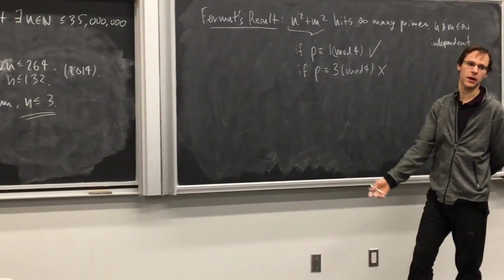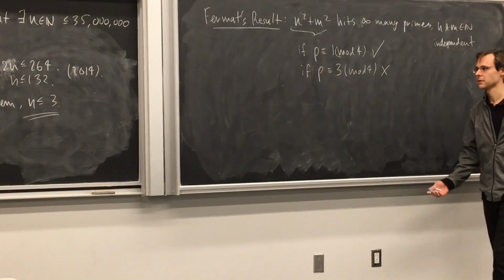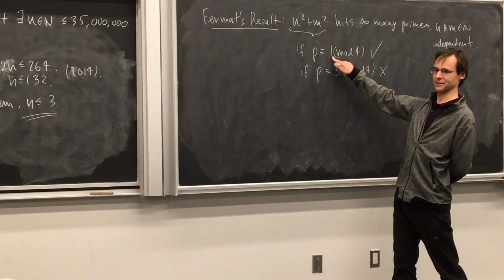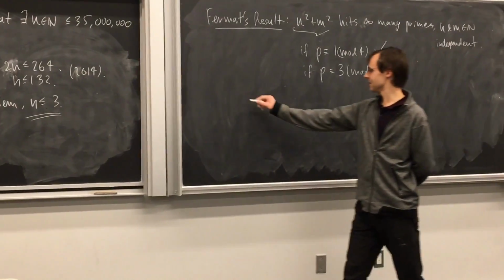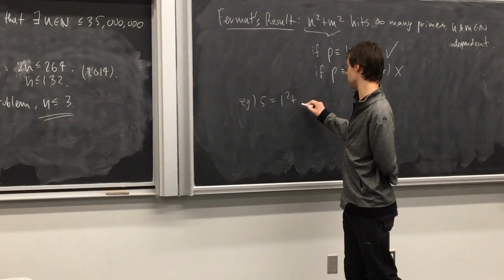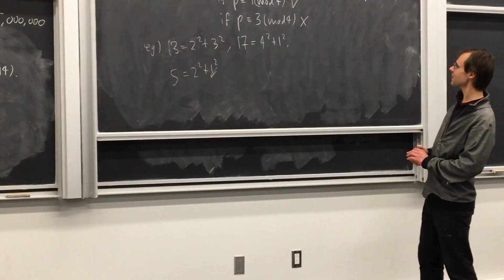So about half the odd primes can be written like this, and half cannot. Let's see an example. 5 leaves remainder 1 upon division by 4, so we should be able to write it as a sum of 2 squares, and we can. 5 is equal to 1 squared plus 2 squared. There we go. So that's Fermat's result. He was right.